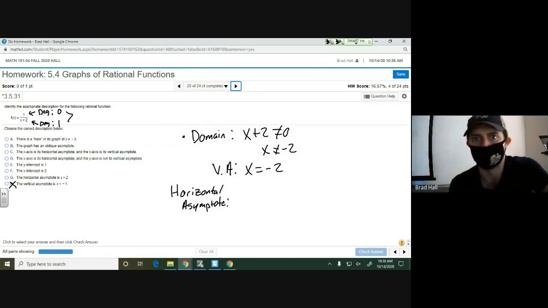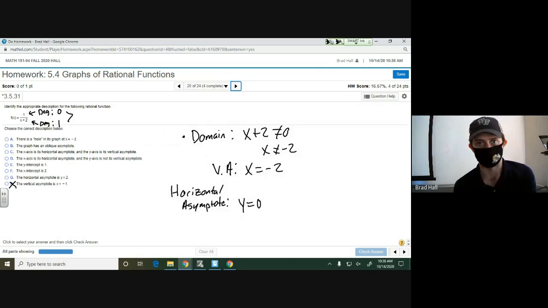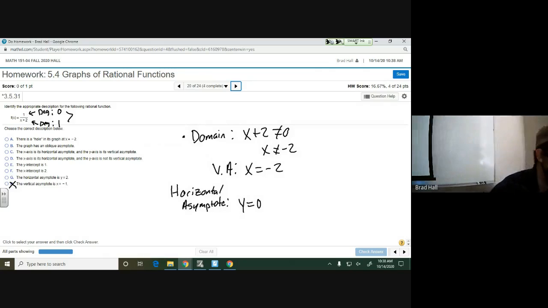So when the degree of the denominator is larger, this means that the horizontal asymptote is y is equal to 0 every time. I have that in the notes, and I explained that in the lecture as well. G cannot be right because it says that the horizontal asymptote is 2, so that can't be right.